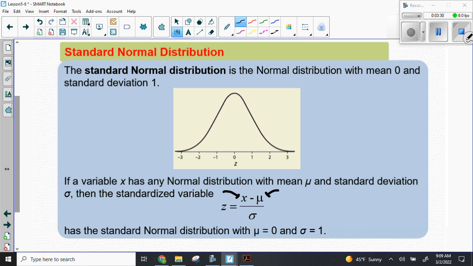This tells you how many standard deviations from the mean a certain point x is. So that formula tells us how many standard deviations from the mean a particular data value is.